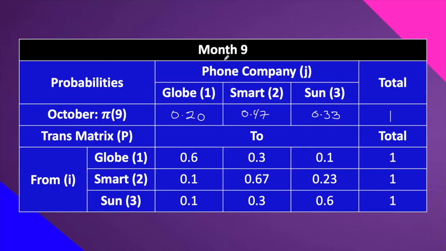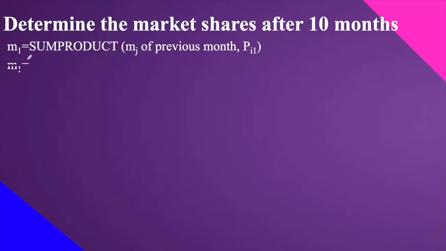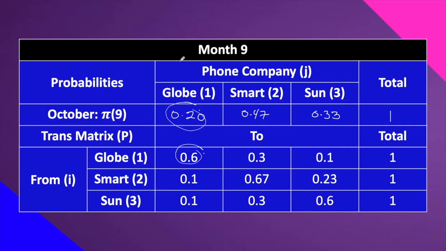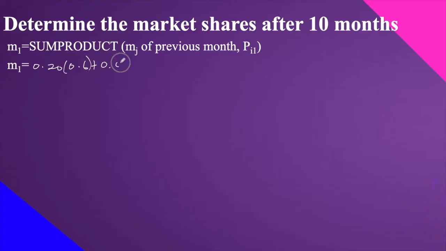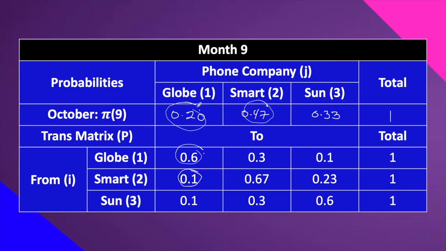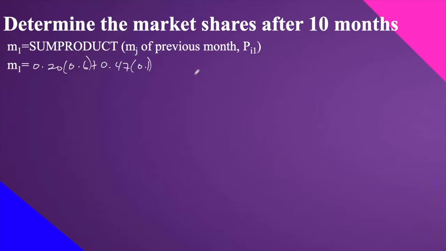So, dito po tayo. 0.20 times 0.6 plus 0.47 times 0.1 plus 0.33 times 0.1. This is equivalent to 0.20. And this is now the market share of Globe after 10 months.